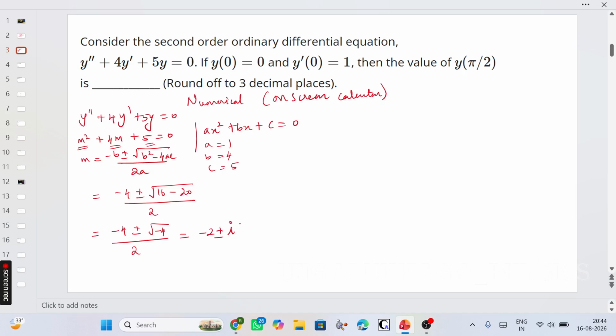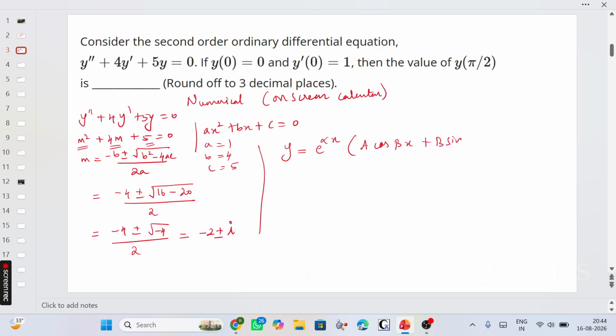Once we have a complex root, we will be using a format of a solution of a differential equation: e power alpha x into a cos beta x plus b sine beta x.